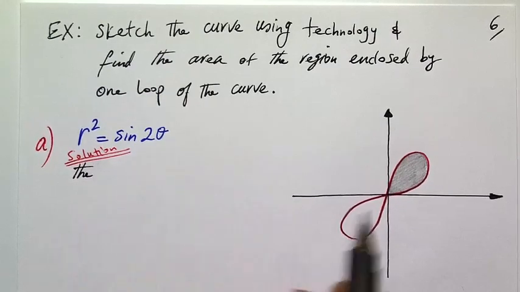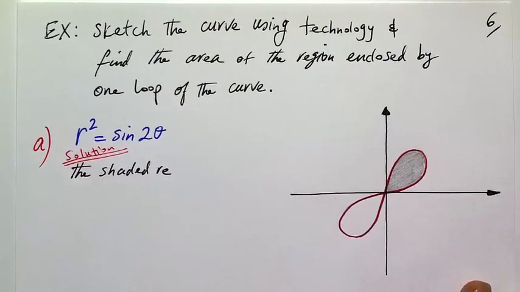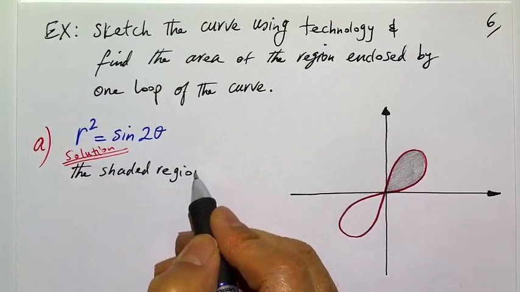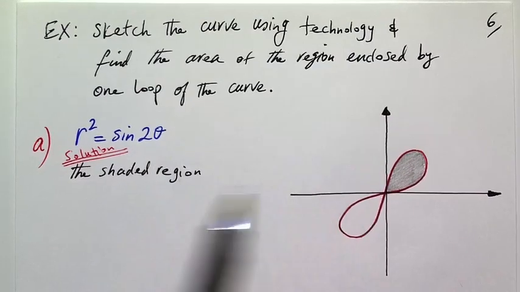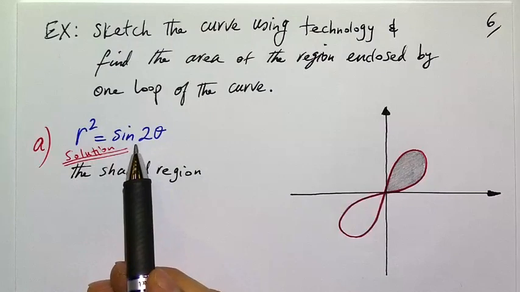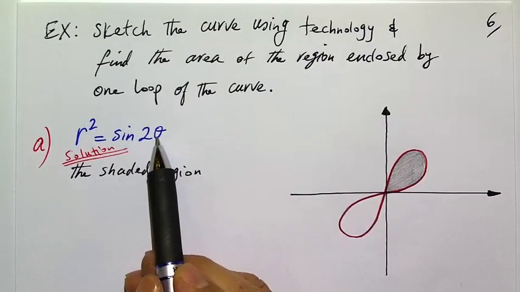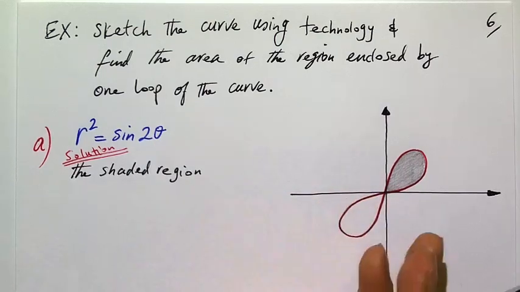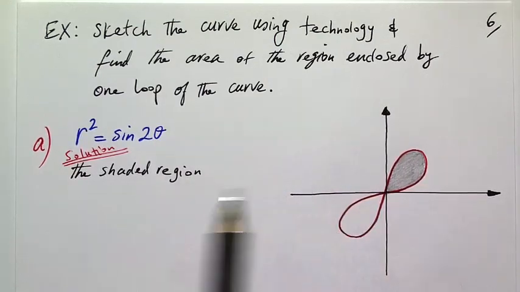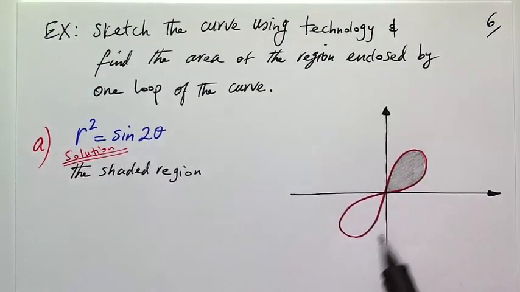So the shaded region here, I think on Desmos, once you enter a polar equation like this, it allows you to set the interval for theta. So you can try out different theta values. Use simple ones like pi, pi over 2, 3 pi over 2, things like that, and see when you're going to get that loop only, not the rest of it.